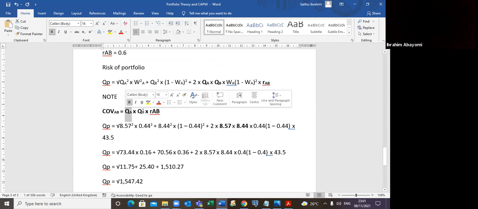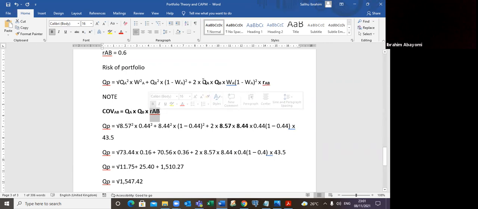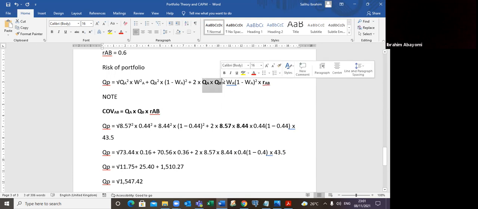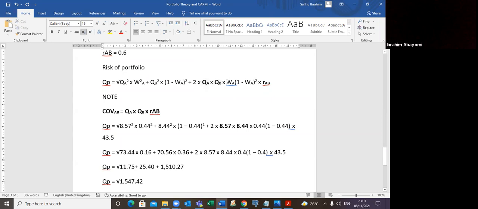But if these two are not there, if I didn't use standard deviation, then I'll just have 2 times weight of A, weight of B, times covariance. Do you understand what I'm saying?